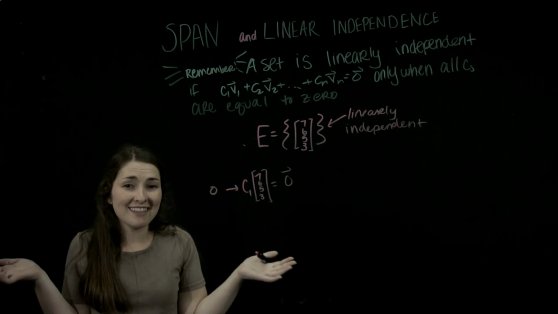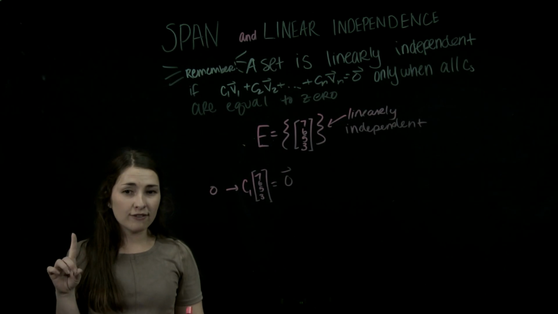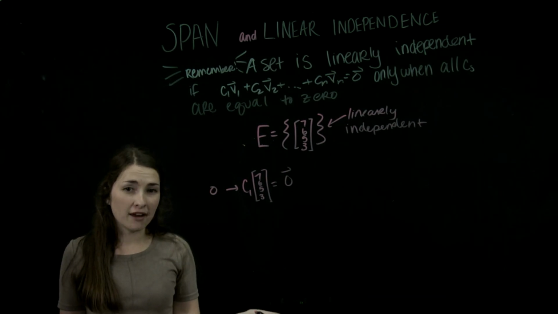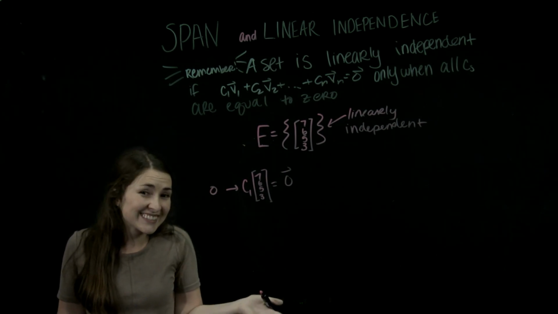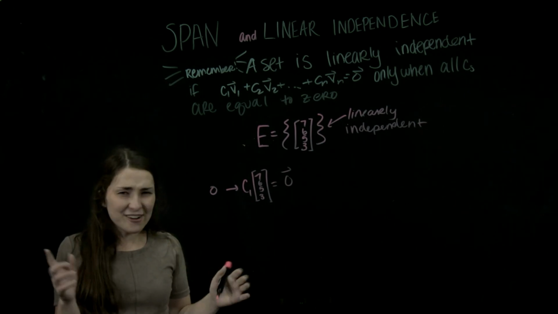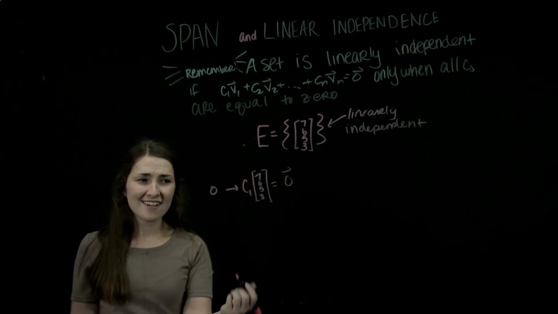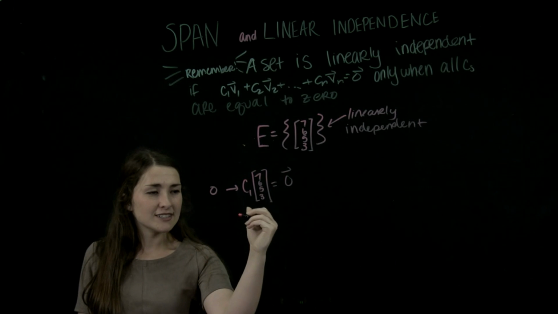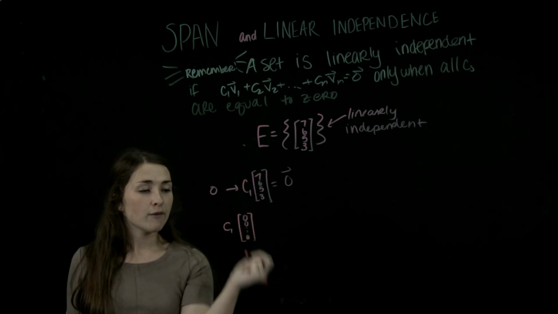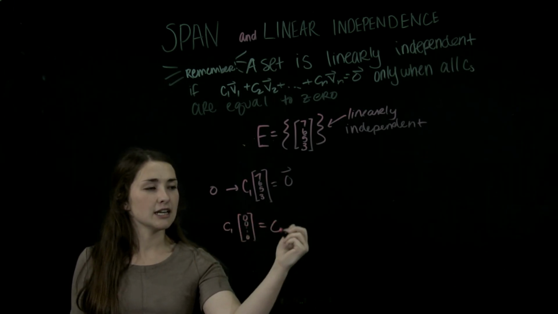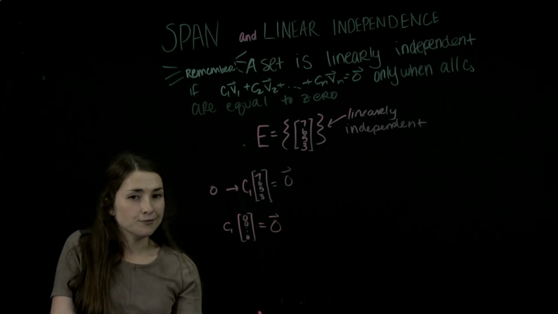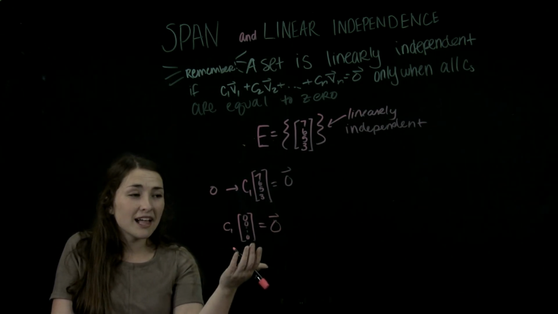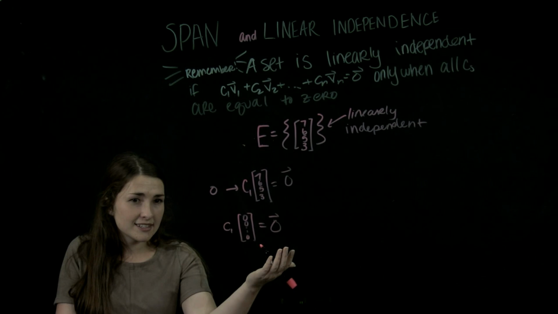So does that mean that any set of only one vector is linearly independent? No. I know, that's kind of like, whoa, wait, what? Well, let's consider this. If we take our 0 vector, multiply it by some constant, and set it equal to the 0 vector, any constant that we multiply the 0 vector by is going to give us the 0 vector.